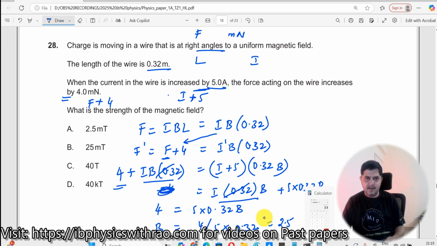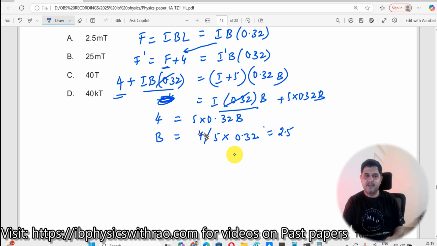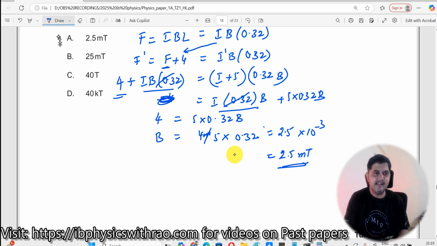What is this 4 in? 4 is in millinewton, so I should have put 10 to the power minus 3 here. So this is 10 to the power minus 3, and it should be 2.5 millitesla. The answer is A.